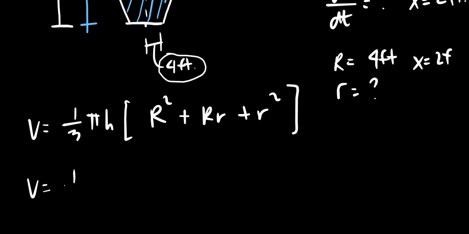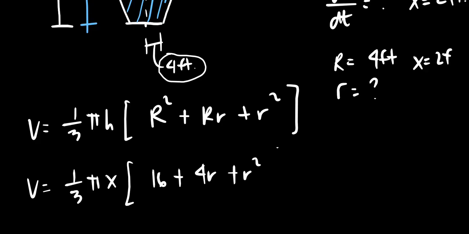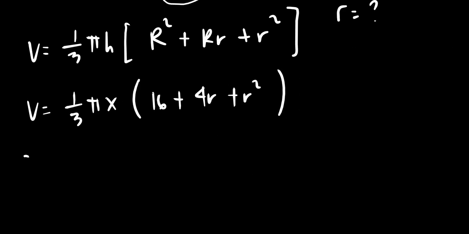So V equals 1/3 pi x times (16 plus 4r plus r squared). So we have this equation here, and we'll differentiate it with respect to time.